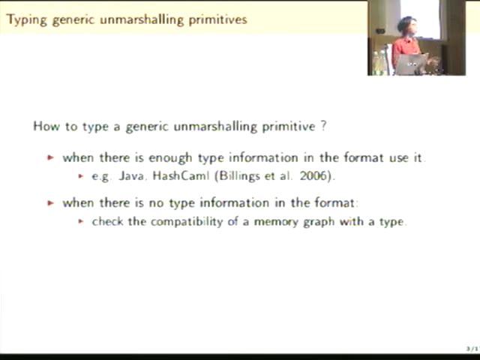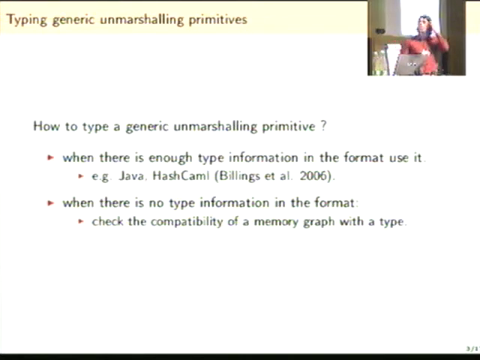Once again, we can distinguish two situations. The first one is when the semantics of the language require to keep type information in the runtime. Like in Java, for example, we just have to serialize the type together with the value, and the unmarshal function could use this type information to type check the value.